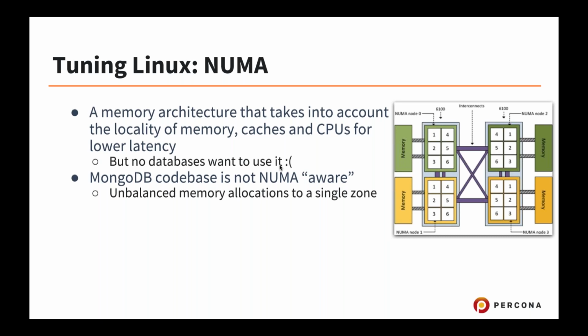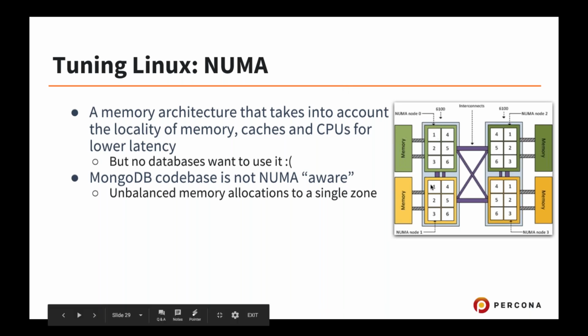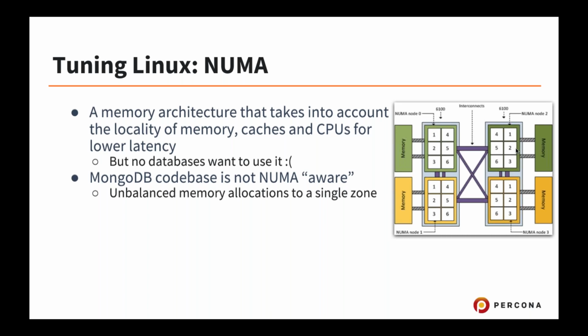If you don't disable NUMA or don't start Mongo in an interleaved NUMA mode, which basically disables it, all of your memory blocks will end up on only one of these memory banks that we're seeing in this picture here. So let's just pick the top left.